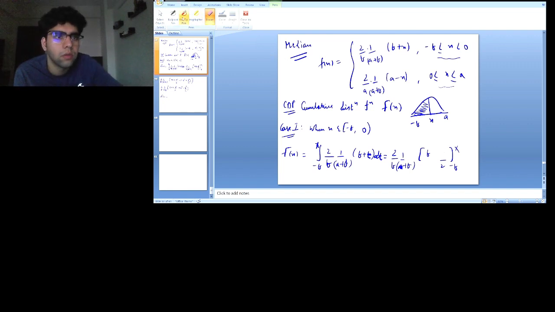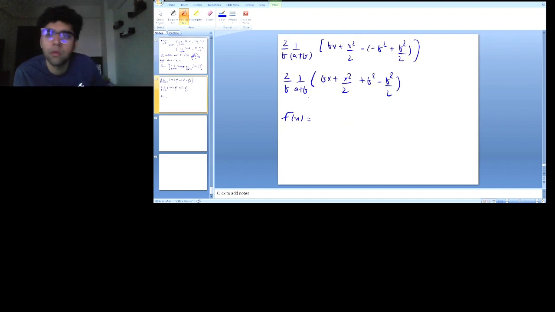So this is bt plus t square by 2 from minus b to x, and this becomes, substituting x in place of t, bx plus x square by 2, minus, now putting in minus b in place of t, minus b square by 2 with a positive sign, because this is t square by 2.